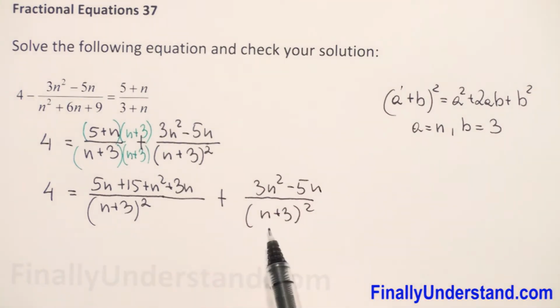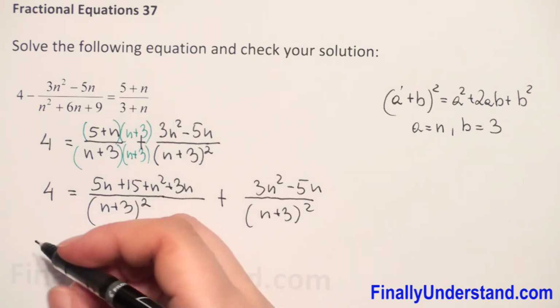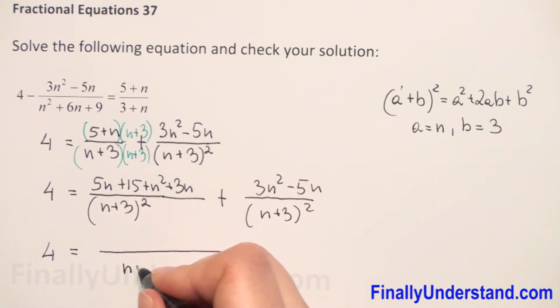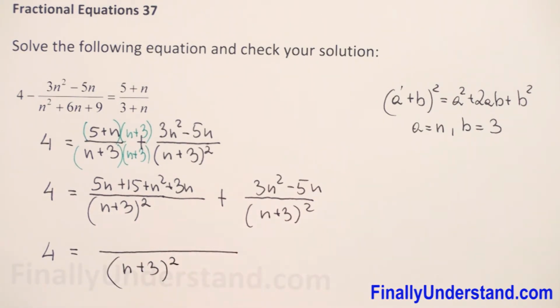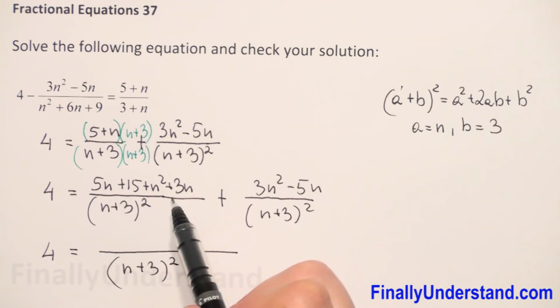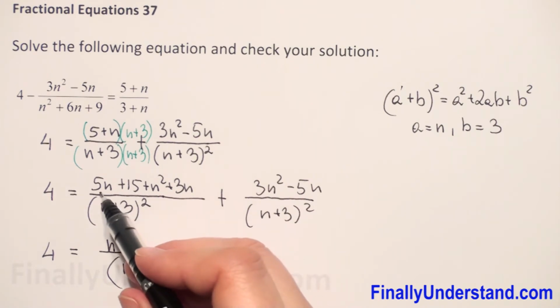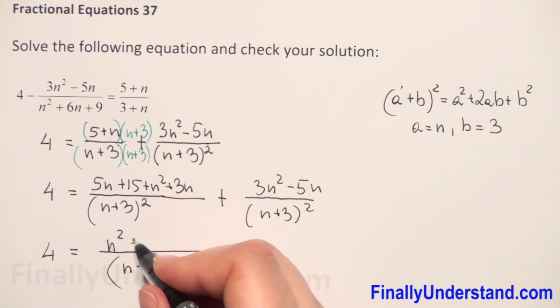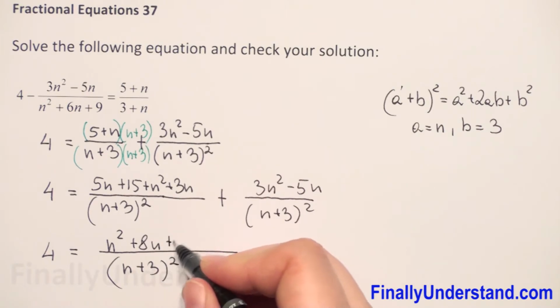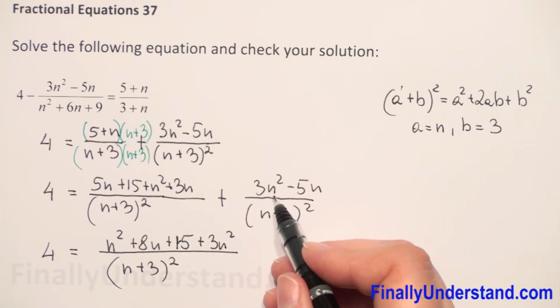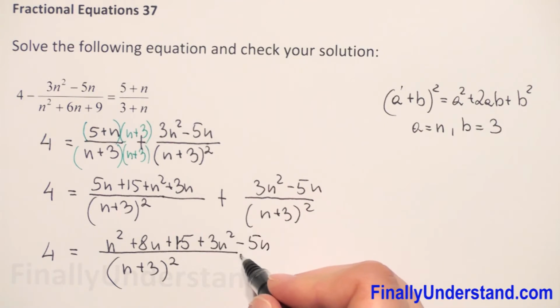And now the same denominators, so we will copy the denominator and we have to add numerators. The left side we will rewrite. So we have n plus 3 to the second power, and now we will combine the like terms and we will start from the highest power, so this is n squared, 5n, 3n, so it will be 8n, and we have plus 15, and we have plus 3n squared and minus 5n.